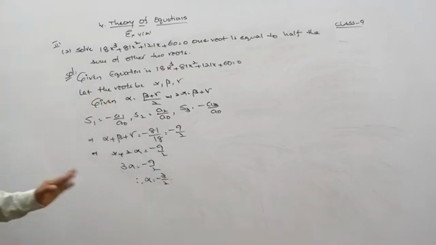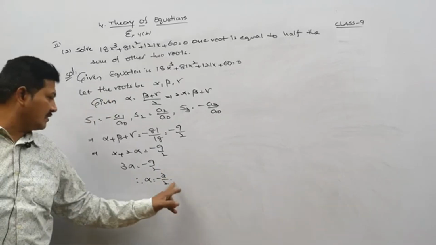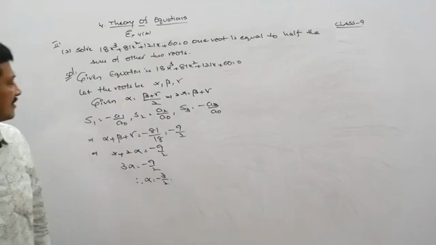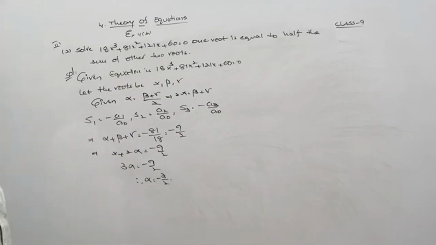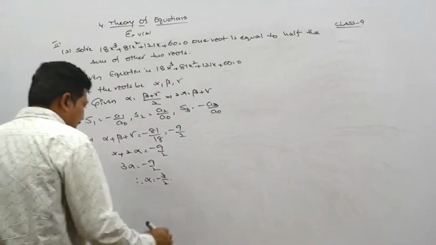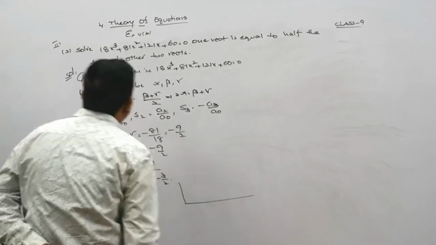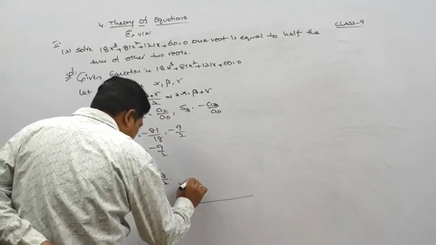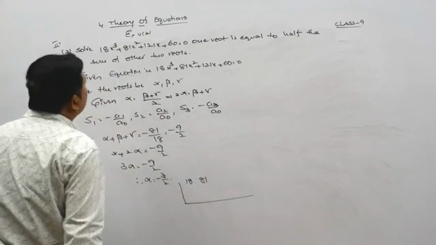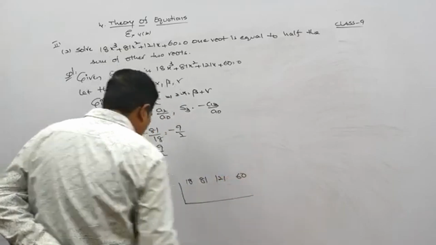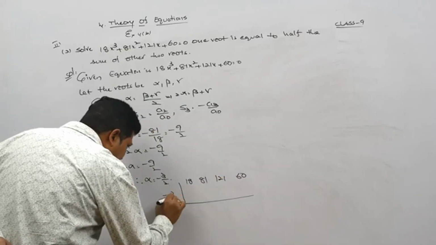Now as a part of this problem, we got one solution for the given equation. So we use the method of synthetic division so that the third degree equation will be reduced to a quadratic and we can solve that one. Now write here the coefficients 18, 81, 121, 60 and here minus 3 by 2.